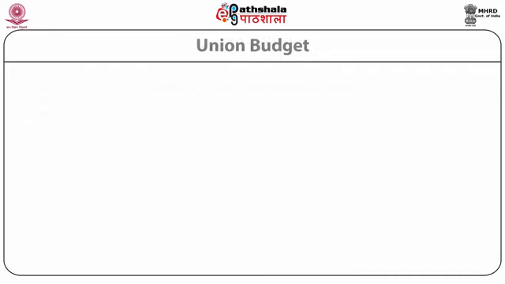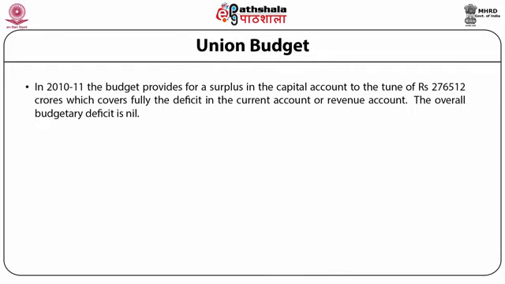In 2010-11, the budget provided for a surplus in the capital account to the tune of 2,76,512 crores, which covers fully the deficit in the current account or revenue account. The overall budgetary deficit is nil.